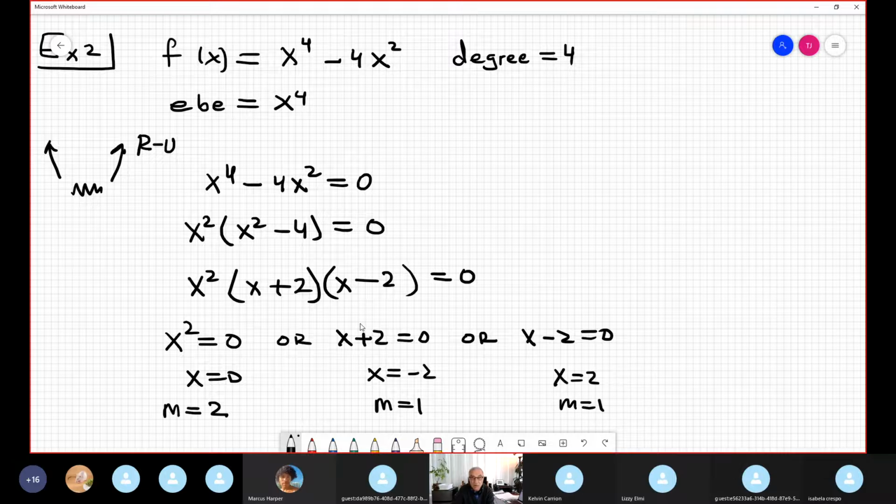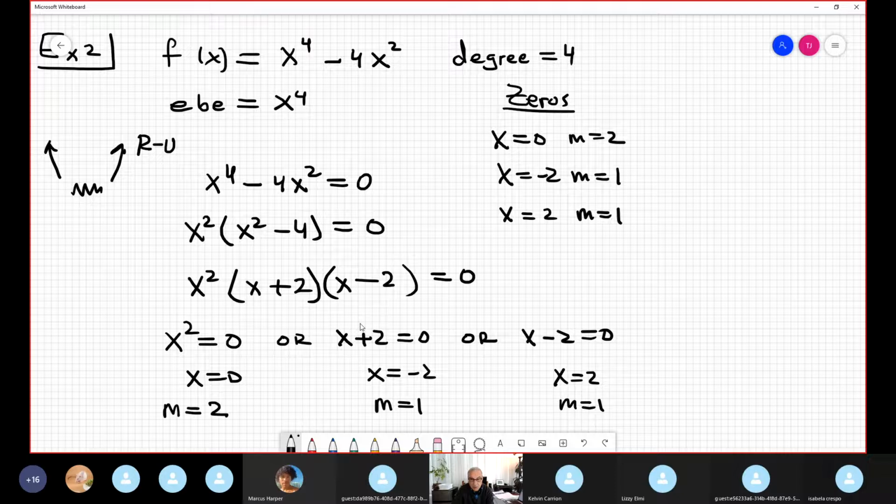To summarize the zeros: x equals 0, multiplicity 2; x equals minus 2, multiplicity 1; and x equals positive 2, multiplicity 1. In total, 1 plus 1 is 2, and 2 plus 2 is 4 zeros.